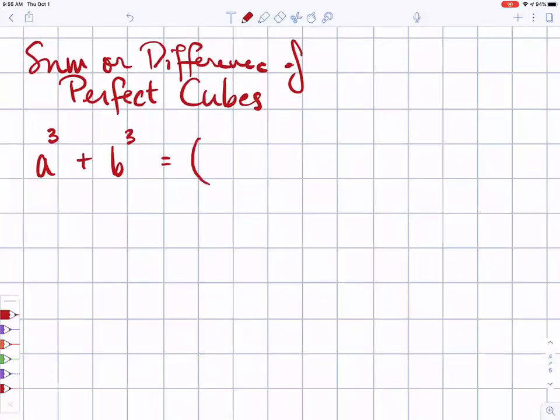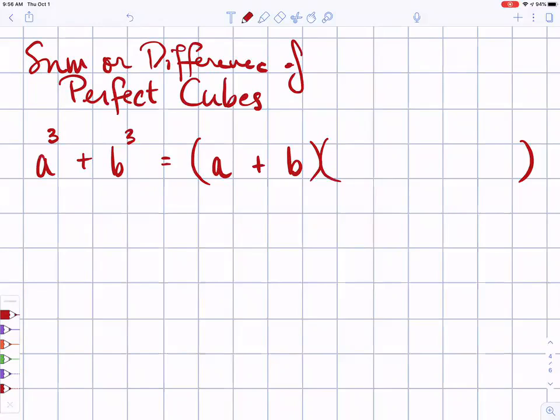When you factor, you will have a binomial times a trinomial. Inside of your binomial, you will have plain old A plus plain old B. Not the cube version, just the plain version.